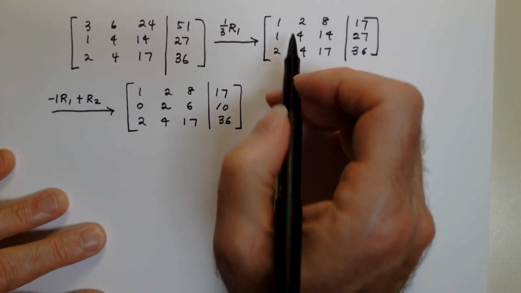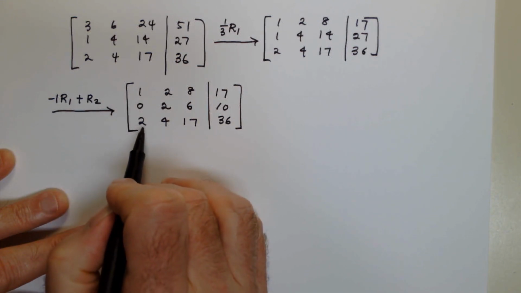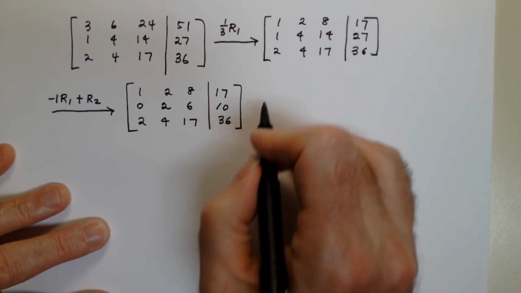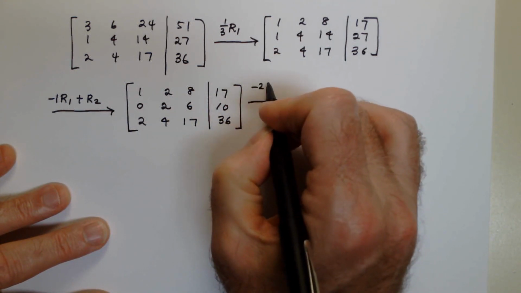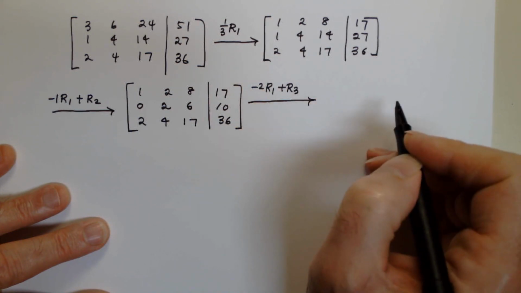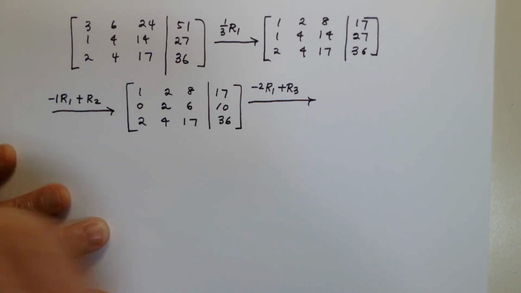Okay, now I'm going to use this 1 here to eliminate this 2 here. So I'm going to do negative 2 times row 1 added on this time to row 3. So there's no effect. No effect is going to be witnessed in row 1 or row 2.